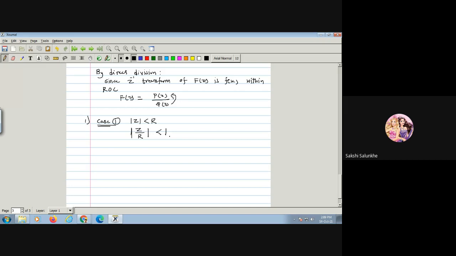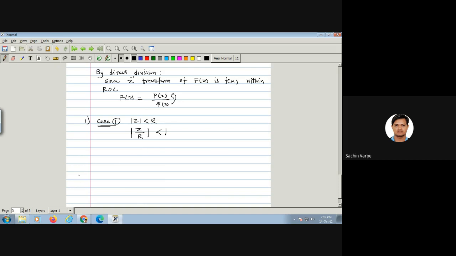So here I'll get mod of z by R is less than 1. And we all know that if mod of the common ratio is less than 1, in that region the series converges. So the given F(z) will be convergent in this region only, where the common ratio is.